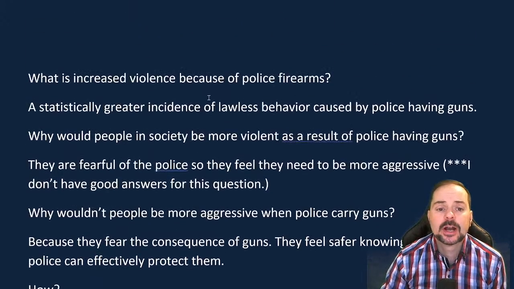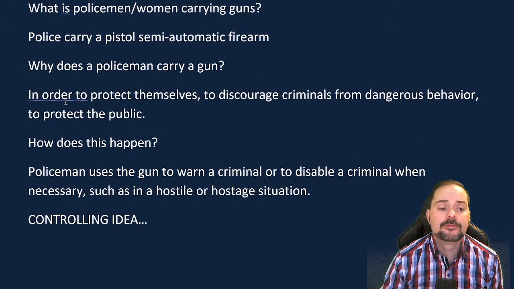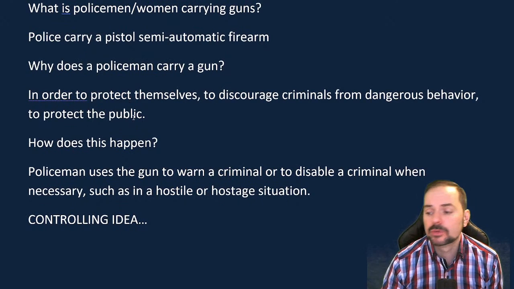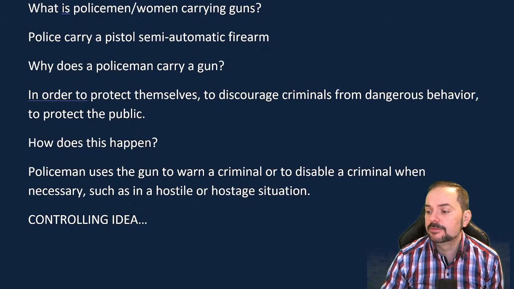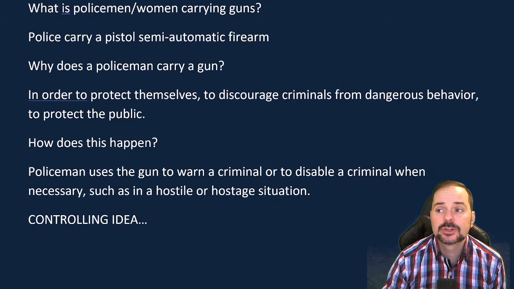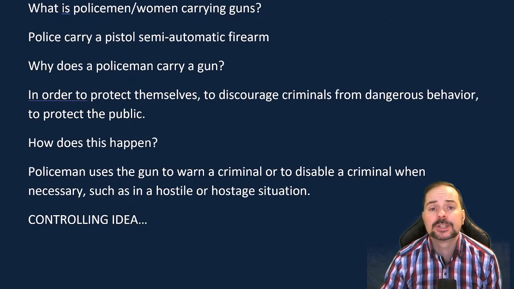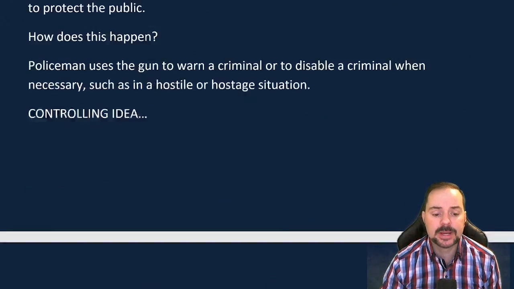Okay, so here I'm going through the what, why, how as best as I can for the controlling idea. Okay, so here, students, I kind of went through this critical thinking a bit faster so that we can spend a bit more time on our thesis and on our introductory paragraph.